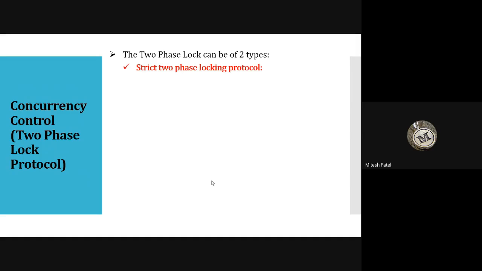Now, in this part, two-phase locking has two types. The first is the strict two-phase locking protocol, and the second is the rigorous two-phase locking protocol. Let's see the strict two-phase locking protocol.